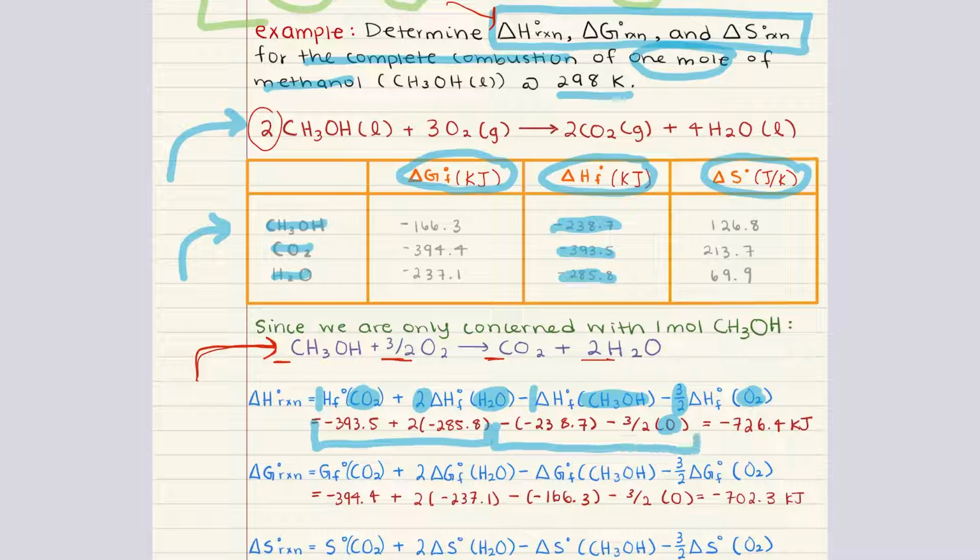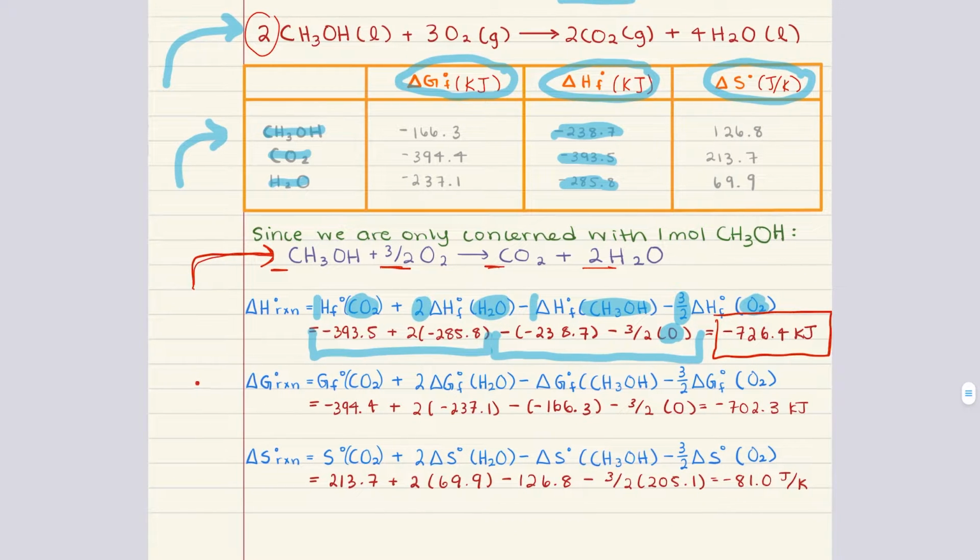So now we have our values plugged into this equation. Calculating this on a calculator, we get that the standard enthalpy change for the reaction is equal to negative 726.4 kilojoules.